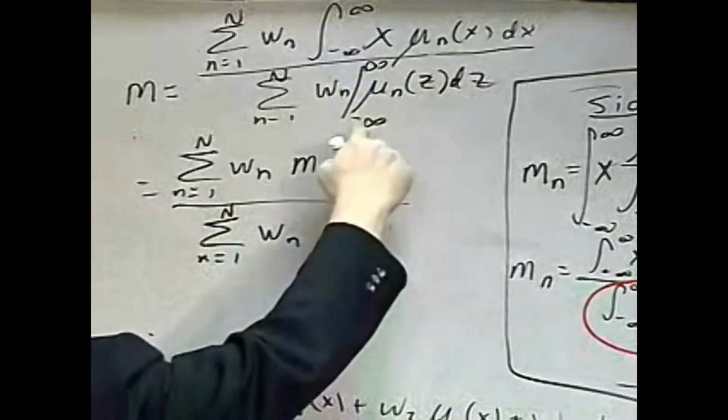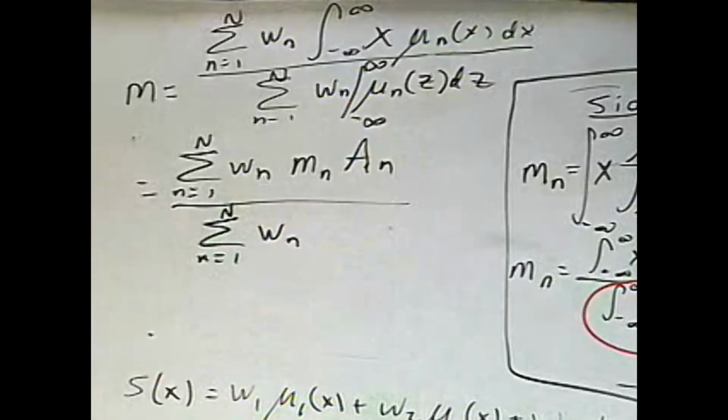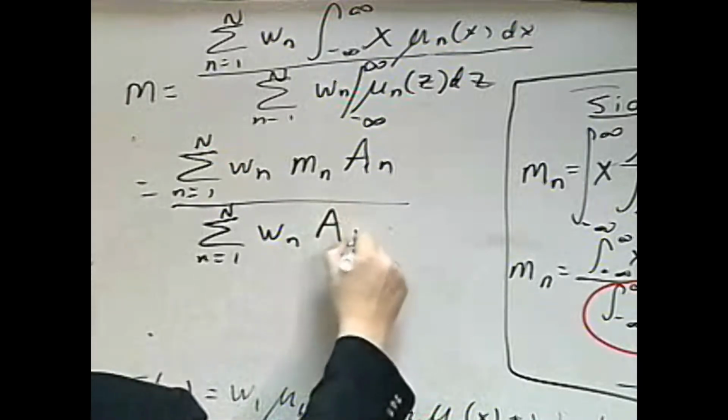Is this okay? And what's the denominator become? The integral in the denominator is the area of the nth membership function, so this is a sub n. So this is a simplification for the defuzzification.